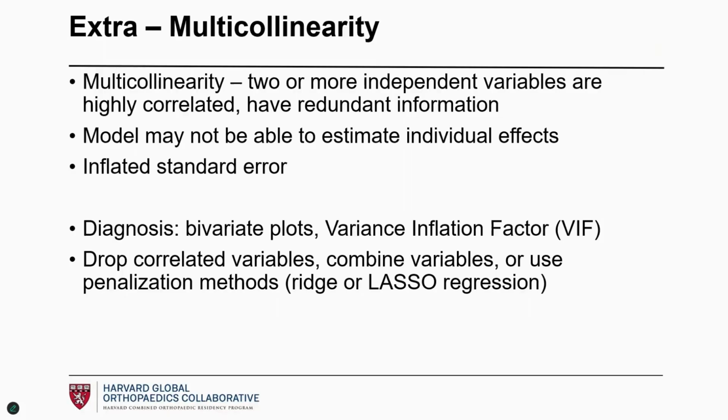How do you diagnose the presence of multicollinearity? You start with the bivariate plots, and that's why the exploratory analysis, or also what we describe as descriptive analysis, is very important, because this is most likely going to show that there is a strong relationship between any 2 pairs of independent variables.